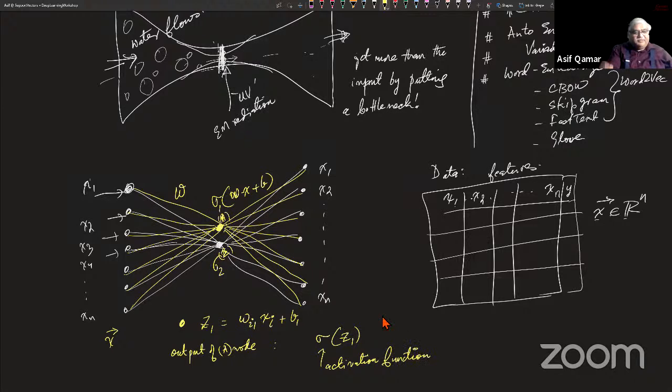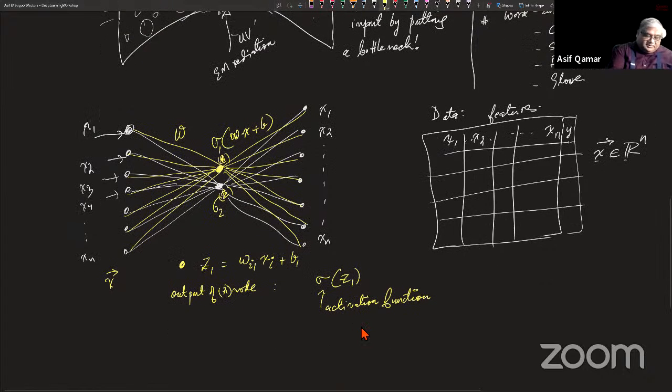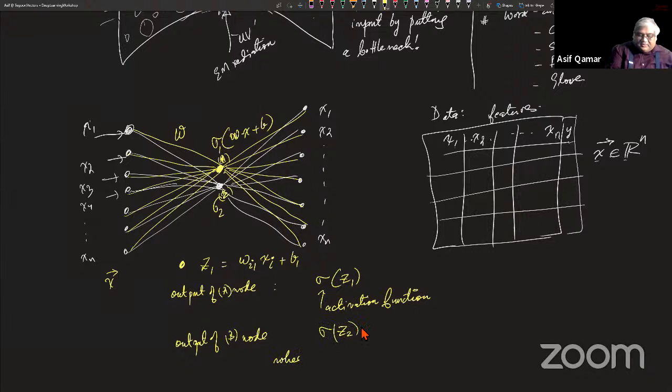Now, you may wonder where I am going with all this. But imagine that you have a very simple dense network like that, and we are looking at the first hidden layer. Would you agree that this is true? And likewise, the output of B would be sigma 2 of Z2, where Z2 is equal to W_i2 x_i plus B2, right?